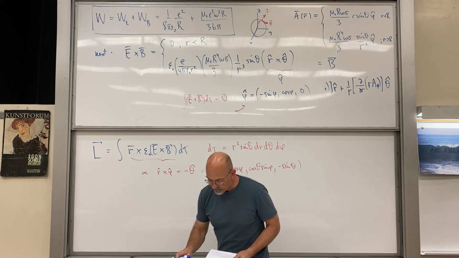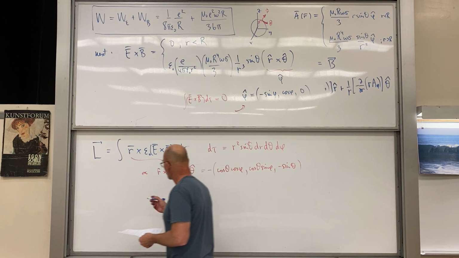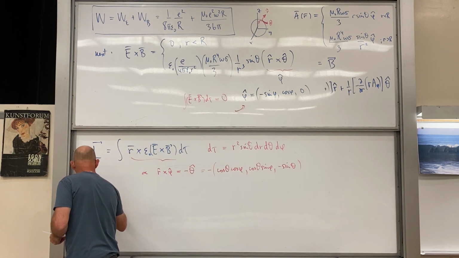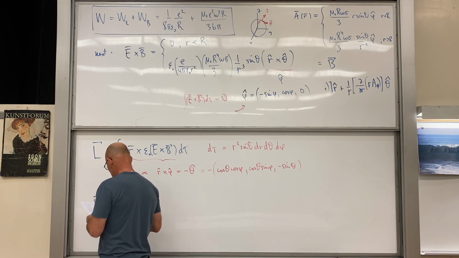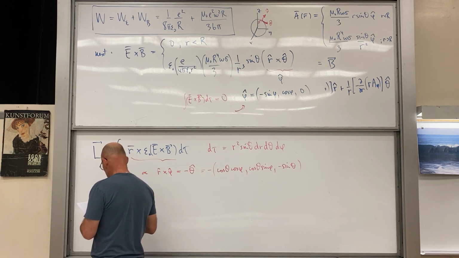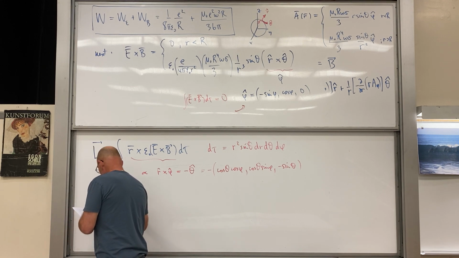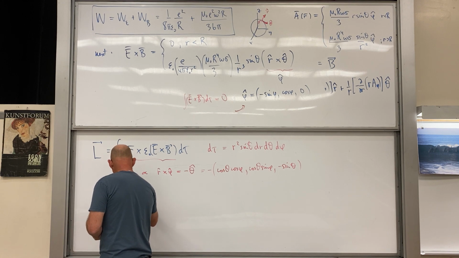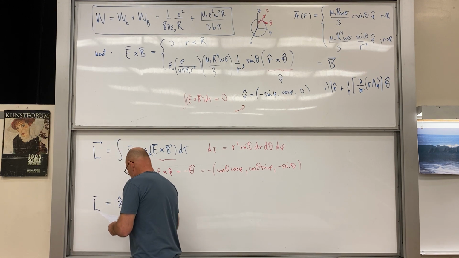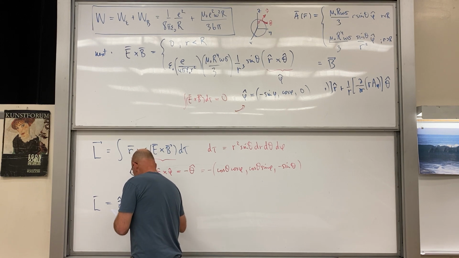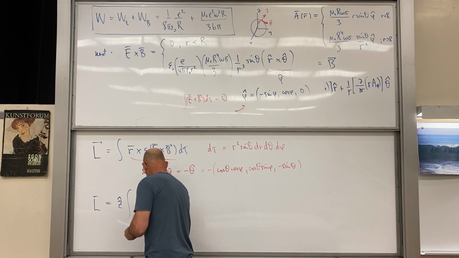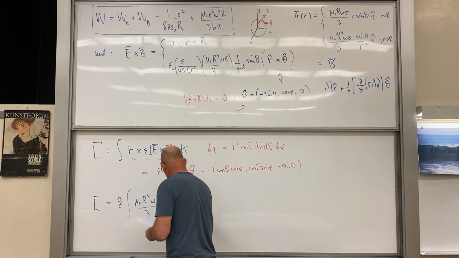And I'm just going to rough in what we're going to have here. Well, I have all of it right now, so it's going to be in the z hat direction. I'll put that right in front here. End up with mu naught R to the fourth omega sigma epsilon naught over 3. That's one of them.